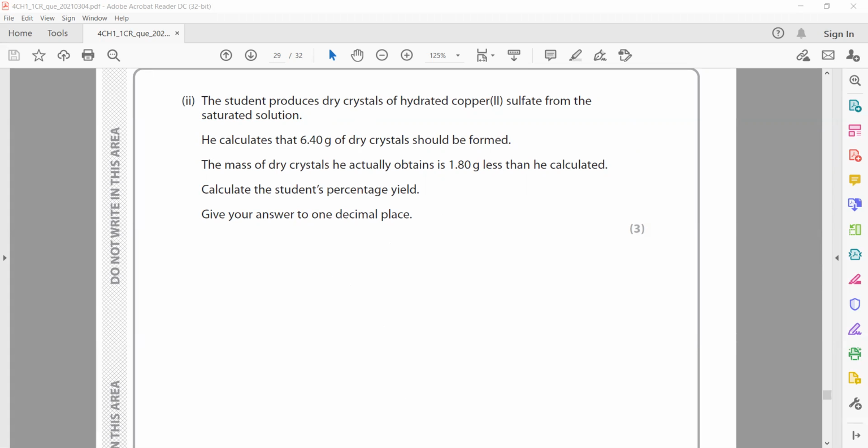So he should get 6.4, but he gets 1.8 less. Practically, how much is he getting? 6.4 minus 1.8 equals 4.6. The percentage yield is the practical value 4.6 divided by the theoretical value 6.4 times 100. That will give us the percentage yield.